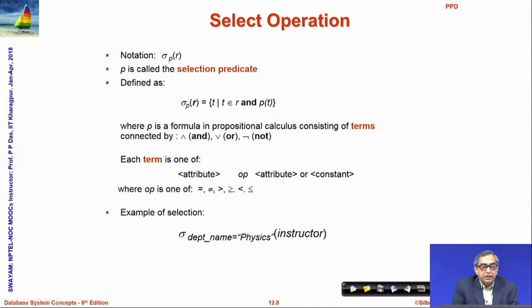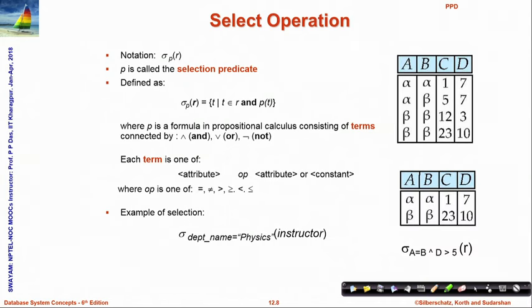So, here we show a simple example. Instructor is a relation, department name is an attribute, within quotes physics is a constant or literal. So, this selection will select all the tuples where the attribute department name is equal to physics, and all the others will be eliminated. For reference, I have also quoted here the example that we had shown at the time of introducing relational algebra.